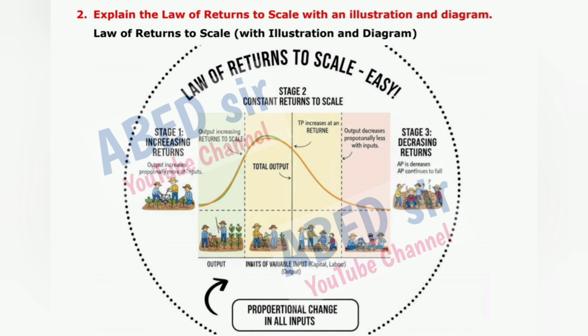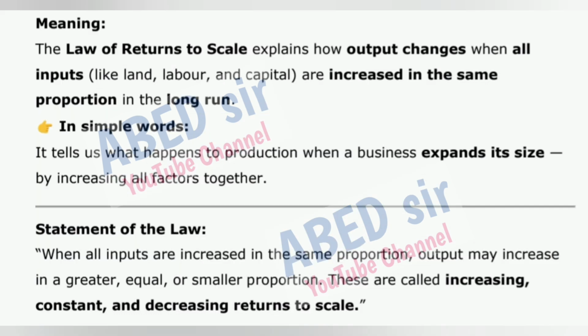Next important long question is to explain the law of returns to scale with an illustration and diagram. Law of returns to scale with illustration and diagram. Meaning, the law of returns to scale explains how output changes when all inputs, like land, labor, and capital, are increased in the same proportion in the long run.